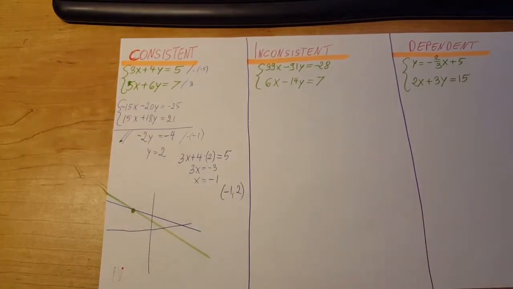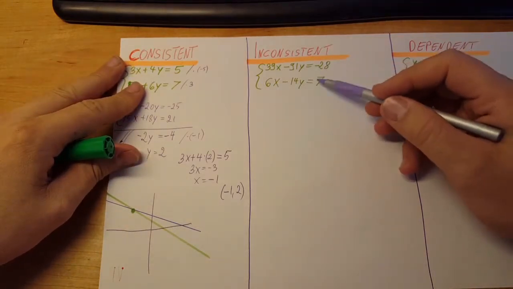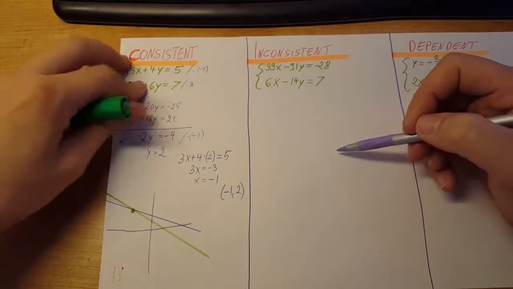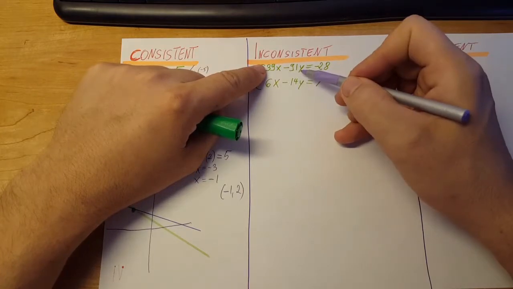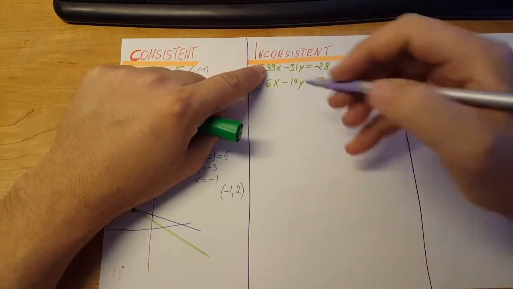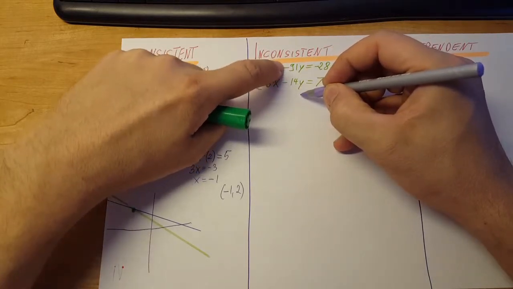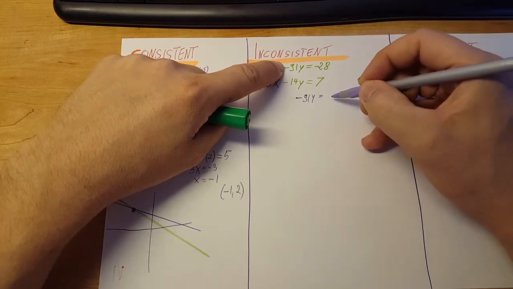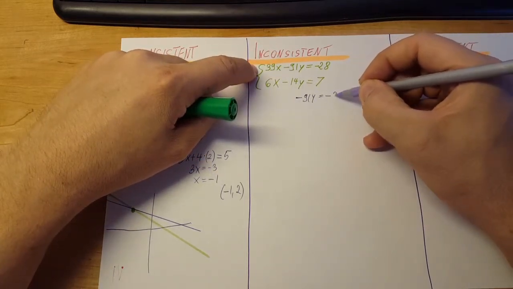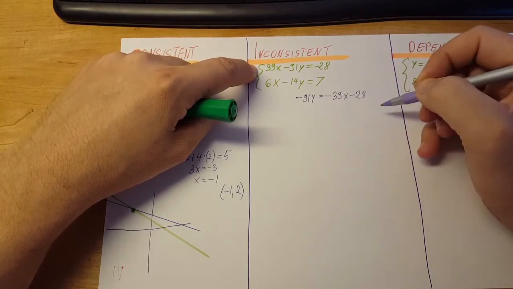Okay, let's move on to the inconsistent system. Here, let's put both of these lines into the same form and see how they look. First line, let's solve for y. I'm gonna move it down here, and I'm gonna start solving for y. -91y equals -39x minus 28.